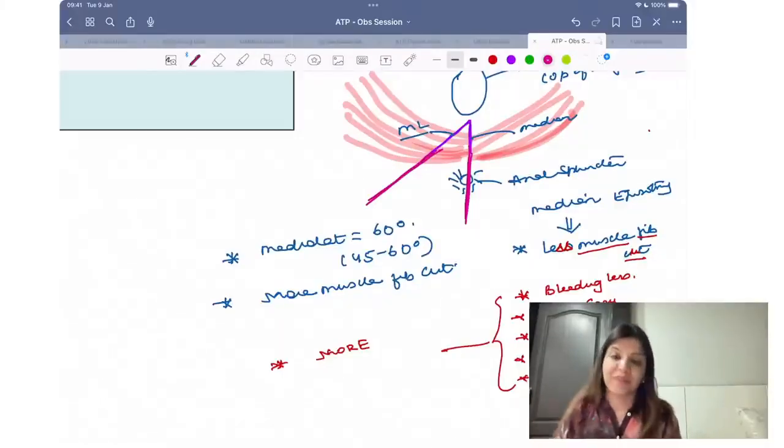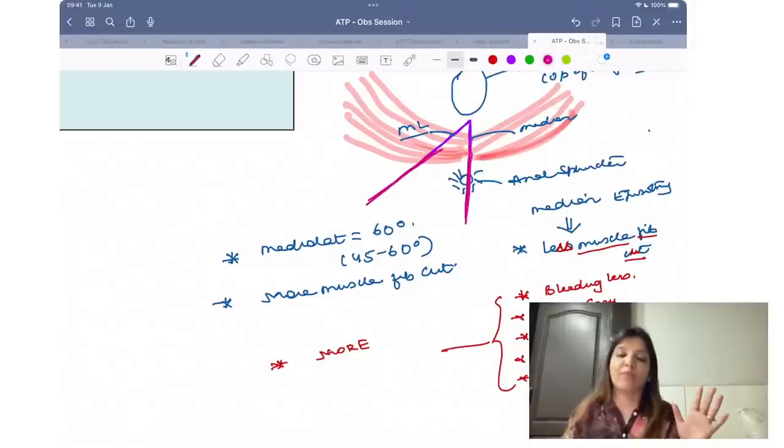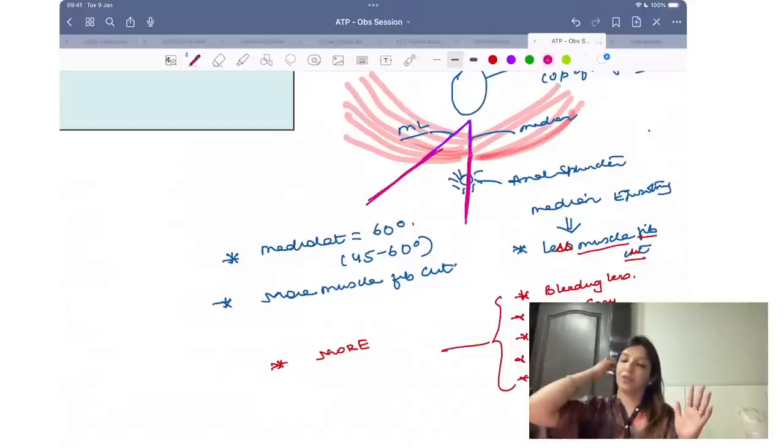So imagine an obstetrician conducting a normal vaginal delivery and leading to injury of the anal sphincter, making the patient fecal incontinent after delivery. That's the worst thing you can do. You will be in the news all day for all bad reasons if you do this, right?